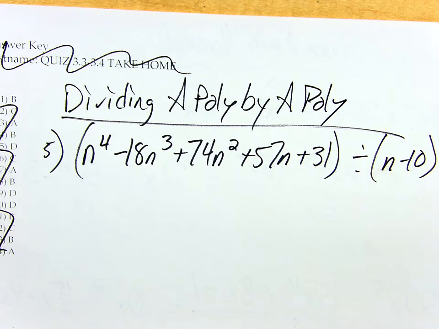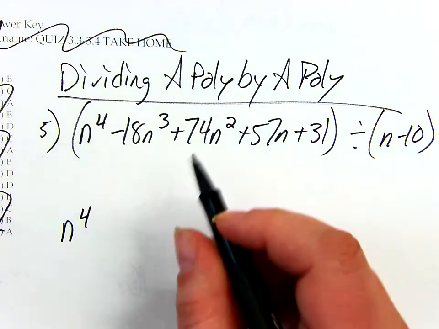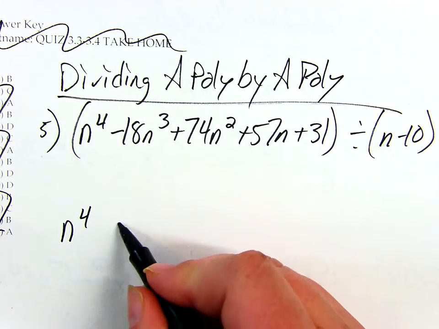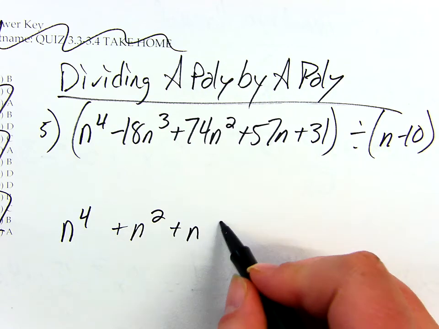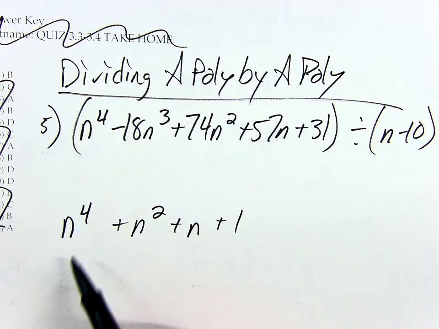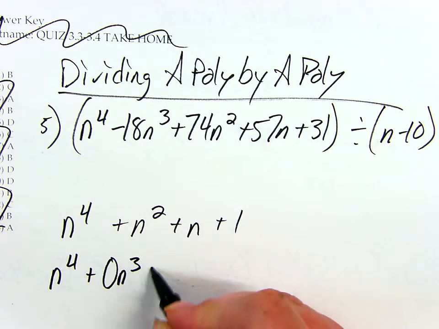Then the other thing you need to remember: if any of your degrees are skipped over, you need to put in what we call a zero placeholder. For example, let's pretend it went n to the fourth and there was no n to the third term, and it just had plus n squared plus n plus 1. You literally need to write in plus 0n to the third.